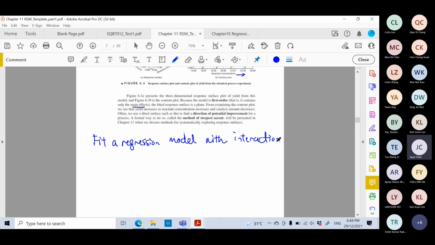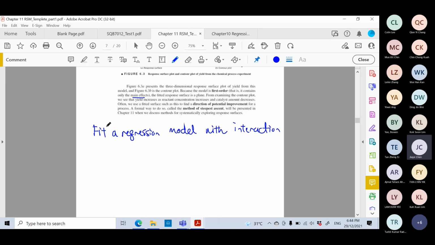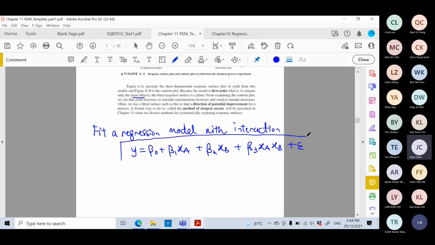Then our equation becomes y equals beta naught plus beta 1 xA plus beta 2 xB plus beta 3 xA xB plus the error. This is the model we have here. Again, even though there is an interaction here, we can still use the effects to replace the coefficients. So the fitted equation is beta naught hat plus beta 1.